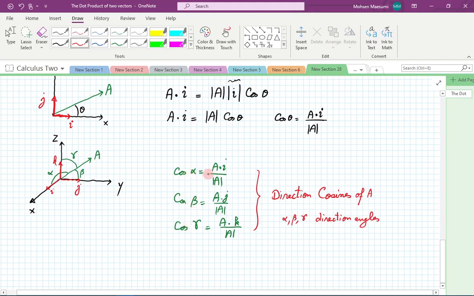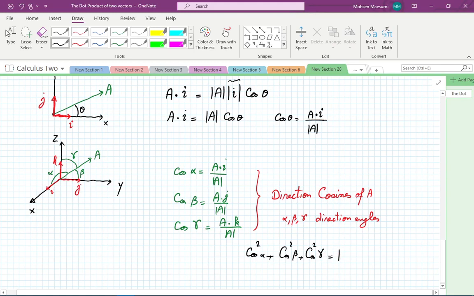Well, if you square these things and add them up, you get 1: cosine square of alpha plus cosine square of beta plus cosine square of gamma is equal to 1.